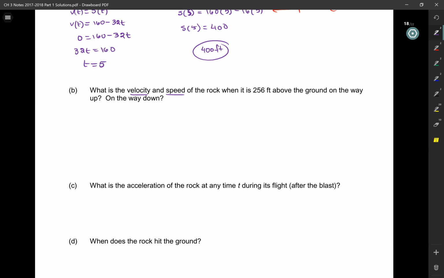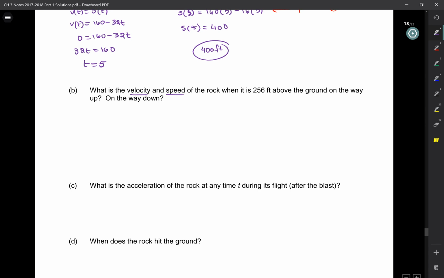It's kind of the same, but speed is just the absolute value of velocity. Speed is I'm traveling at 32 meters per second. Velocity is I'm traveling at 32 meters per second north. So velocity is a vector and speed is a scalar. Awesome. Okay. All right.